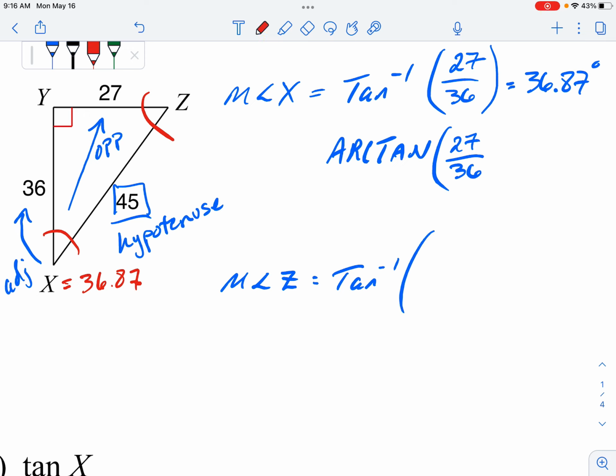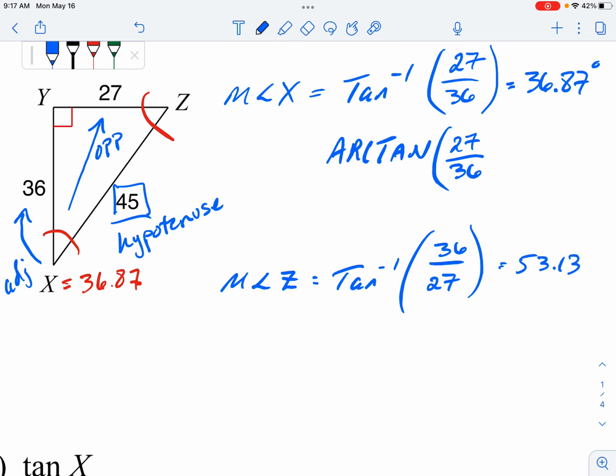In this case, the opposite of angle z would be the 36, and the adjacent would be the 27. Remember, it can't be the hypotenuse. So tangent inverse of 36 over 27. If we punch that into our calculator, 36 divided by 27, we get 53.13.